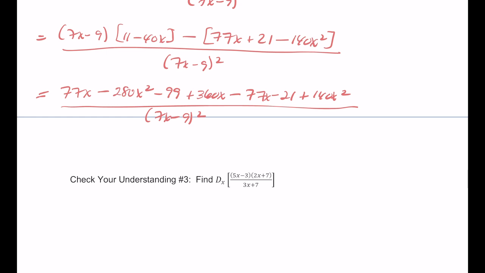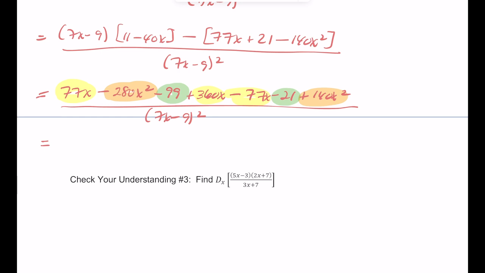And then let's see if we can combine some terms. So I see those two, we have to combine them. And I see these two, we have to combine them, and this one, and then we can combine this and this, right?